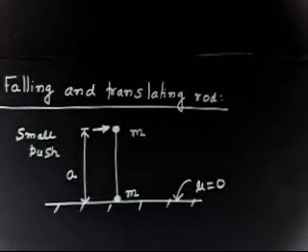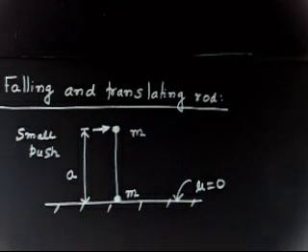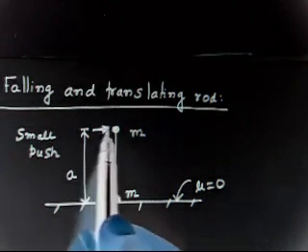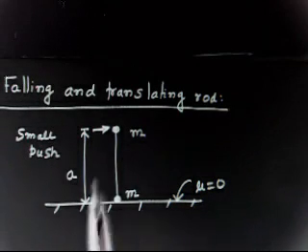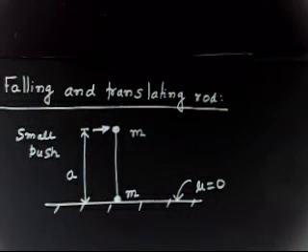Now the question says the upper particle is given a small displacement, so the rod starts to fall. So this has been given a small push. Due to this small push, this system starts to fall.